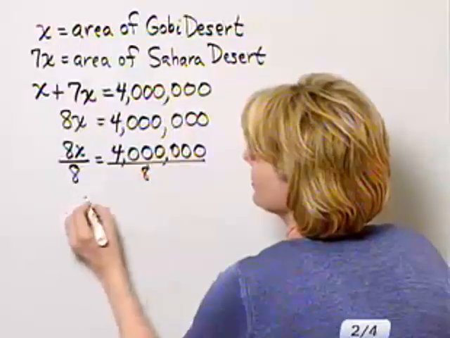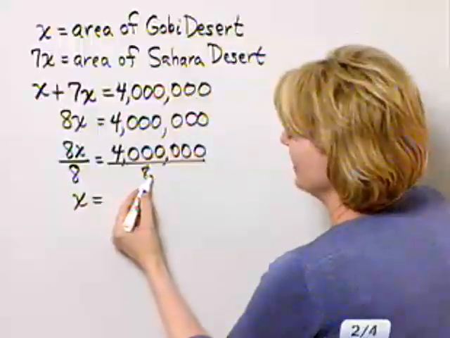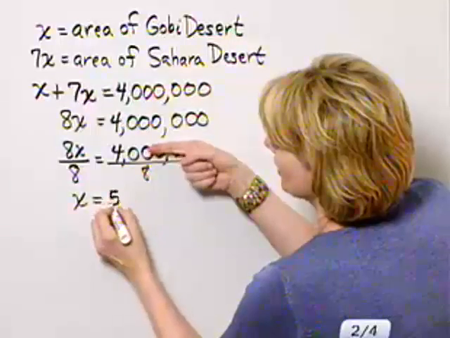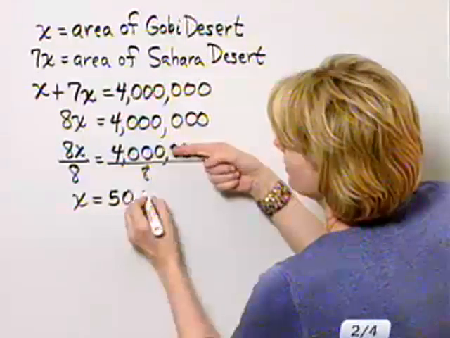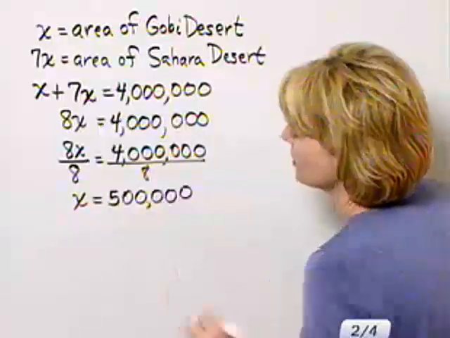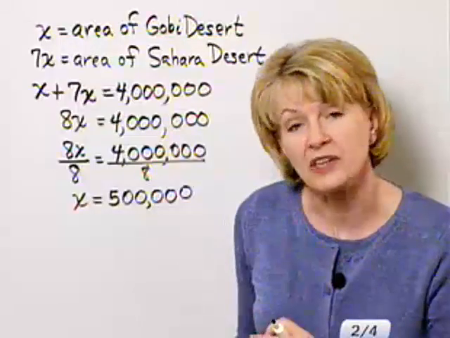Okay, and divide that side by 8. We'll have X then equals, now let's be careful, 8 divides into 40 5 times, and then I have 1, 2, 3, 4, 5 more zeros. So X is 500,000. We've solved the equation.